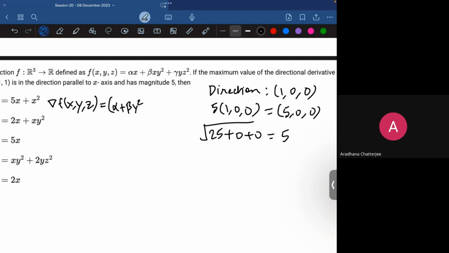And then the next element is going to be the partial derivative of the function with respect to y. So what is that? Beta y times gamma z squared? No, 2 beta x. Yes, 2 beta x, because we're treating only y as the variable, so you have to take its derivative in the normal way.